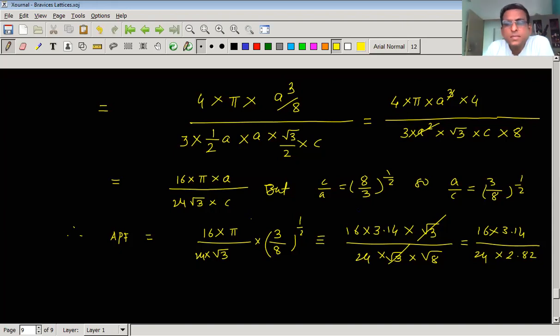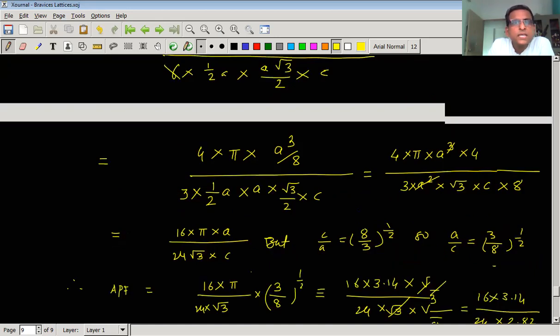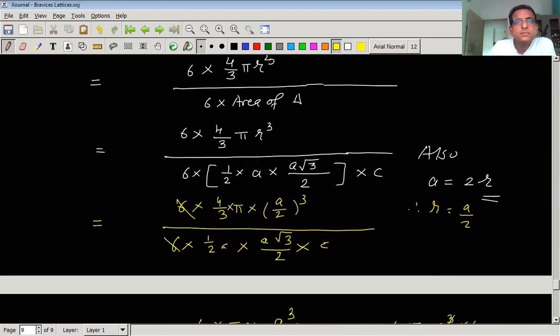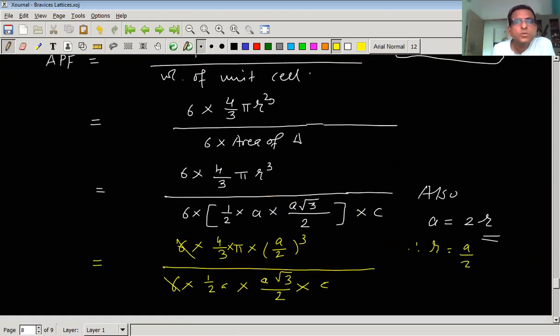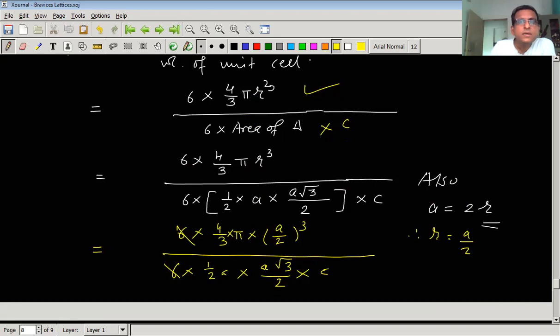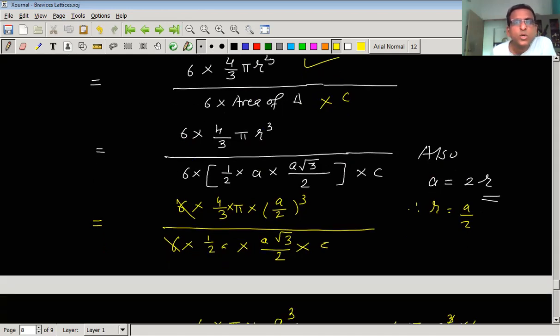So dear students, we were discussing the atomic packing fractions and the calculations involved in it. This is the volume of the atoms in the unit cell divided by the volume of the unit cell, which is 6 into area of the triangle into height of the unit cell, in this case C. So the volume of the atoms in the unit cell will be 6 into 4 by 3 pi r cube, divided by 6 into area.